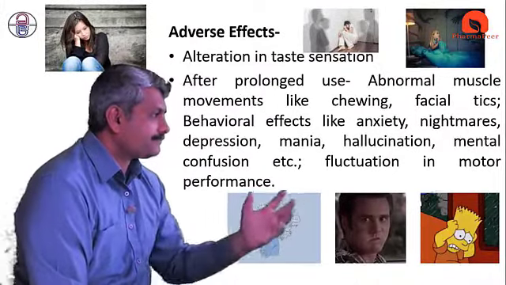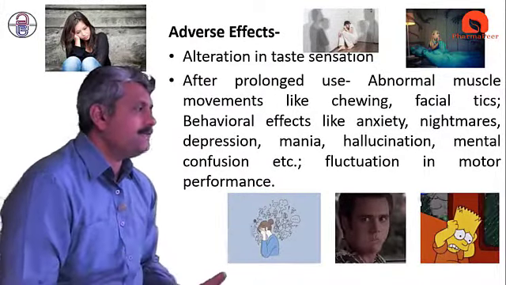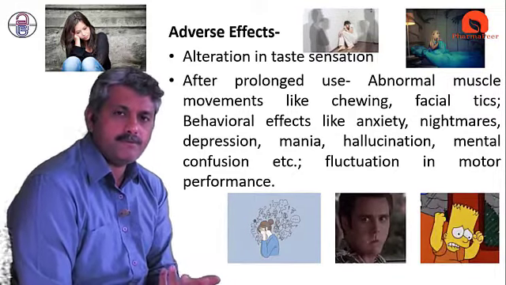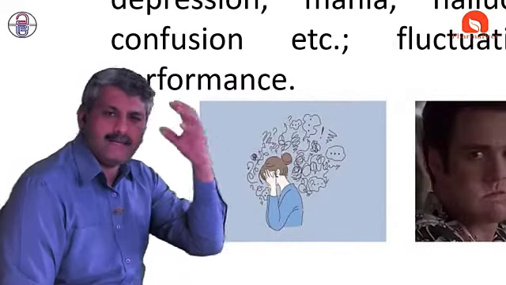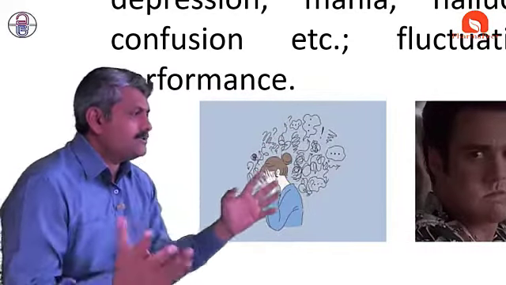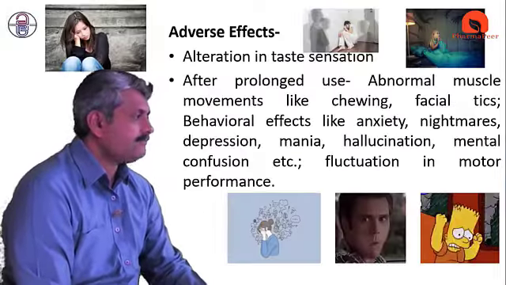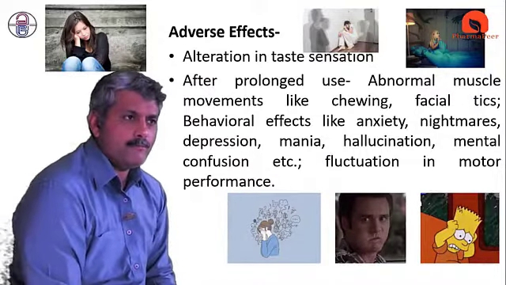As well as there is one condition that we call mental confusion. In smaller things, the patient gets confused. A lot of things are there, because of which he could say that there is a mental confusion. There is no specific reason, but still there is a confusion that we call mental confusion. As well as, most important, the patient has fluctuation in motor performance.